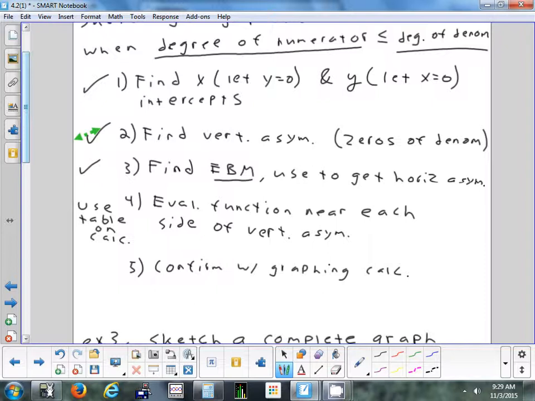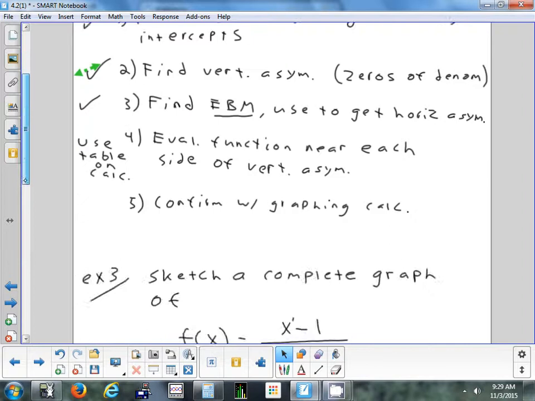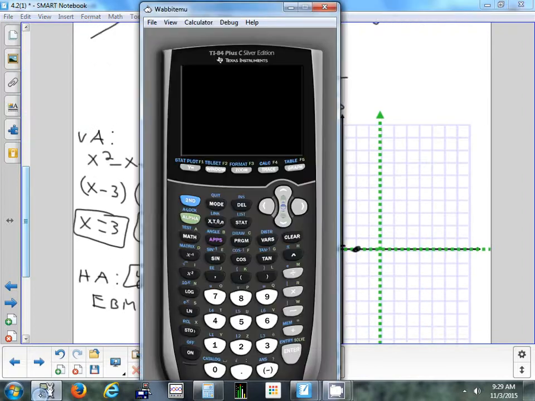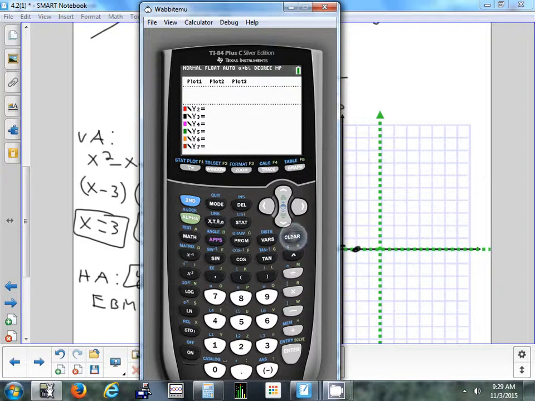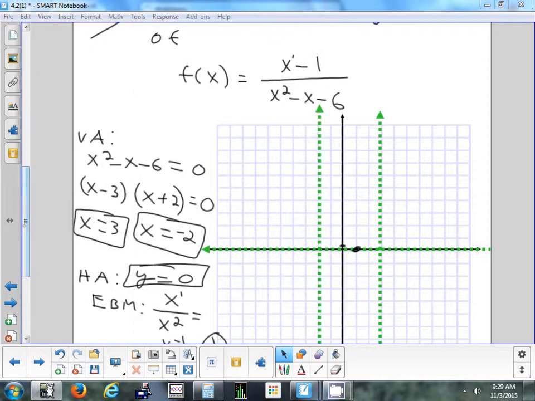Now I'm going to use my table on the calculator. If you haven't typed it in, now we need to type it in. All right, so we've got x minus 1 divided by x squared minus x minus 6.